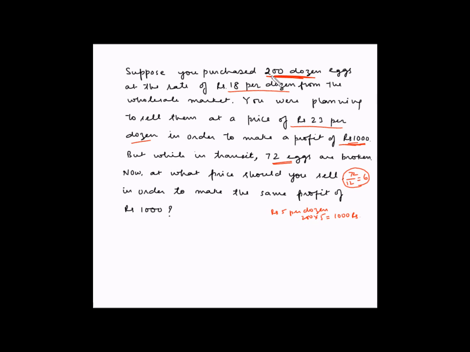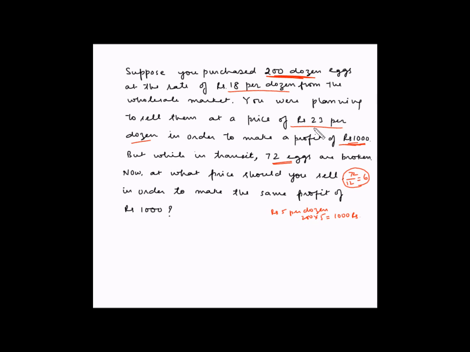So now the quantity available is 200 minus 6 dozen, which is 194 dozen. But you want to continue to get the same final profit. So definitely one thing is clear, that you'll have to increase the selling price per dozen.